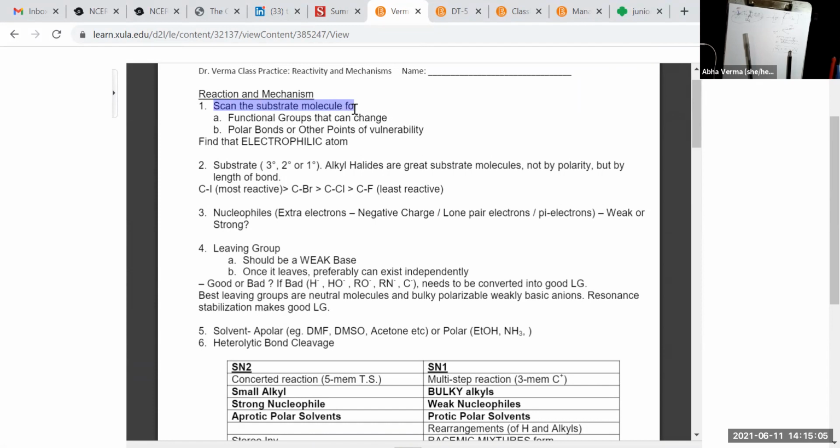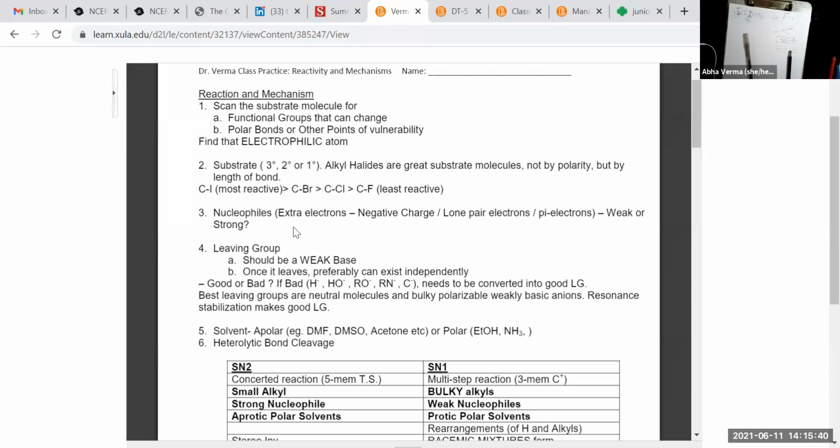What is the substrate? Where the leaving group is, or a functional group that you have to change. That's what you need to figure out, so you can get your electrophilic atom, the atom we are going to attack. So that is your substrate. Then make sure you classify your substrate: tertiary, secondary, or primary. Alkyl halides, and then OTs, and then OMs, those are great leaving groups.